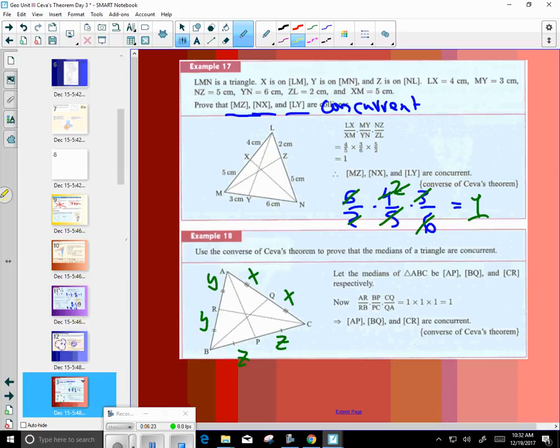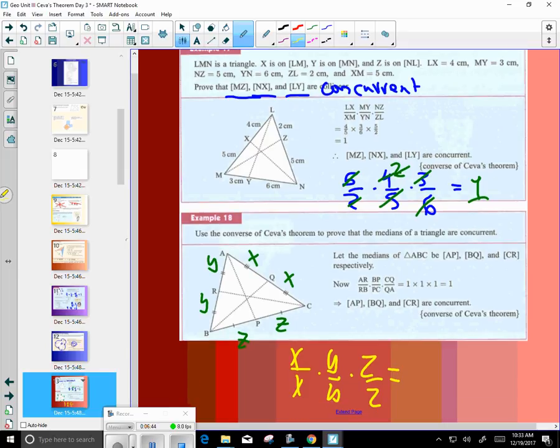And if you were to go x over x times y over y times z over z, what's that going to be equal to? What's that equal to? 1, right? So there it is. Therefore, AP, BQ, and CR are concurrent using the converse of Ceva's theorem.